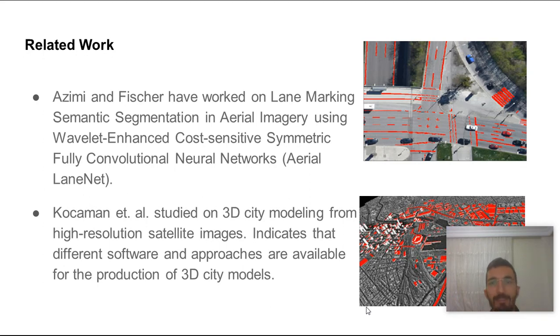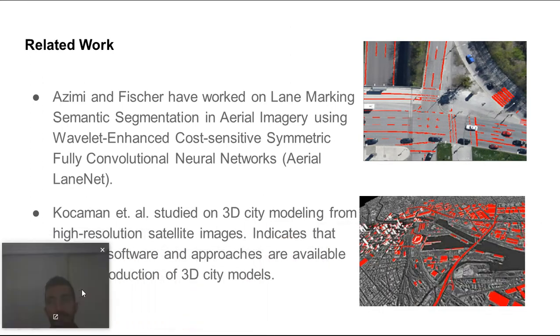This study is named aerial linear. This first figure is the output. Kocaman et al. studied 3D city modeling from high-resolution satellite images. The study output is on the right.